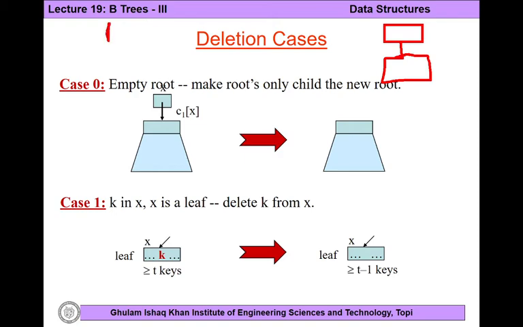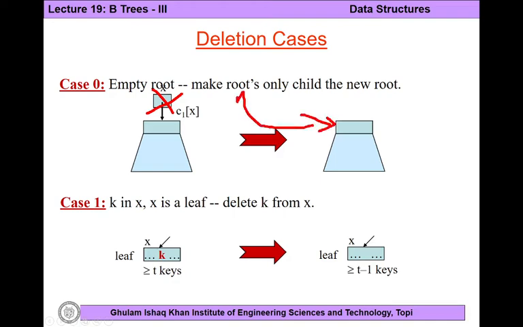And if a node has 2 keys, then it will have 3 children, right? And if a node has 1 key, then it will have 2 children, right? So if a node is empty and it has no key, it will have only 1 child. So in this particular case, we remove this empty node, and the only child of the node becomes the new root of the B tree, right. So this is a simple case.